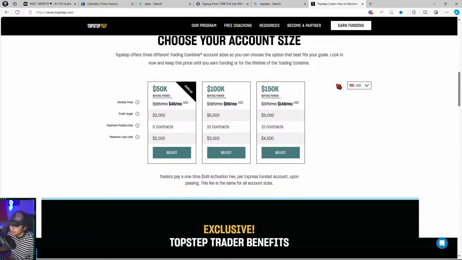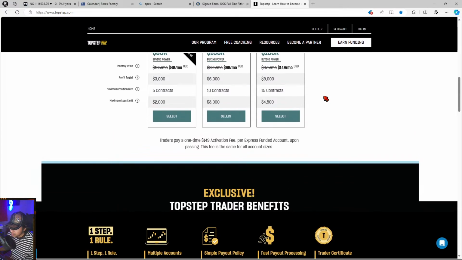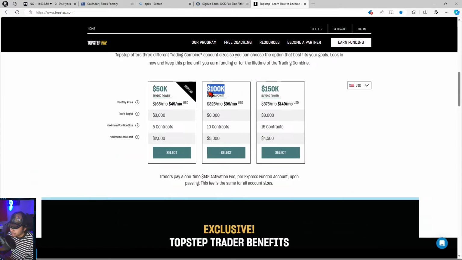I myself had no problem taking a payout from them. So I'll probably go with a new 100k. I already have a 150k account with Topstep, but I want to use a real account, like a new account. So that's what we will go for, folks, next week. 100k with Topstep, right? Majority is saying Topstep.